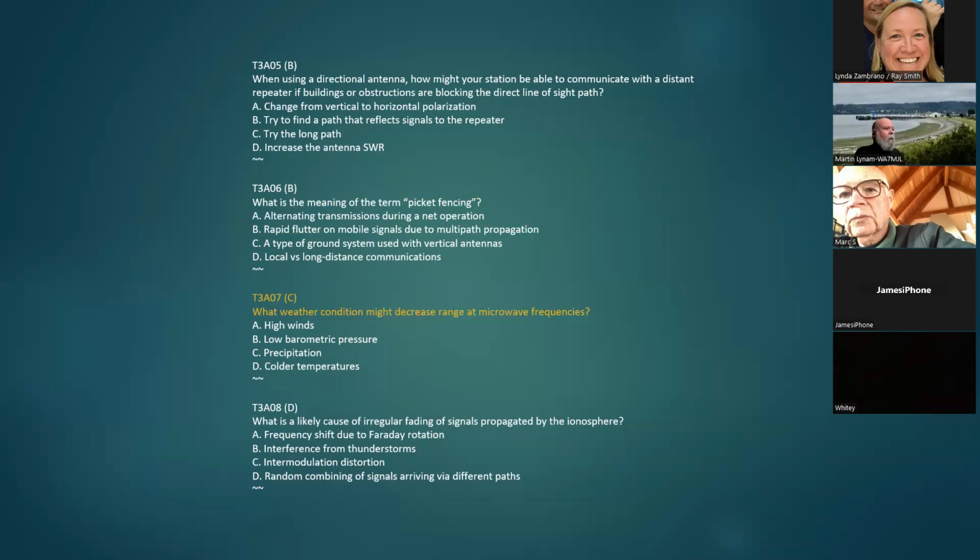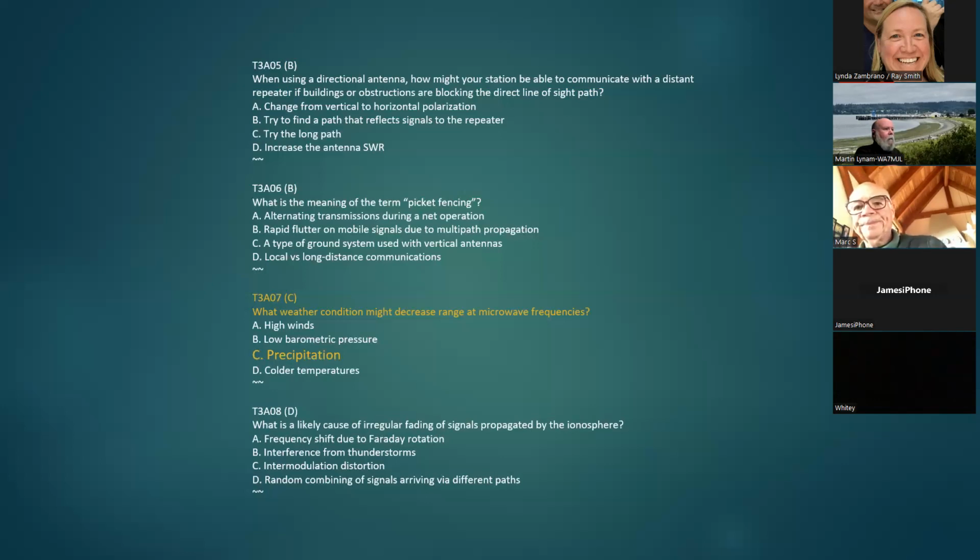A07, what weather conditions might decrease range at microwave frequencies? Generally, as a technician, you're not operating at microwave frequencies, but when you are a licensed technician, you do have authorization to operate in a couple of bands that are very near microwave frequencies.